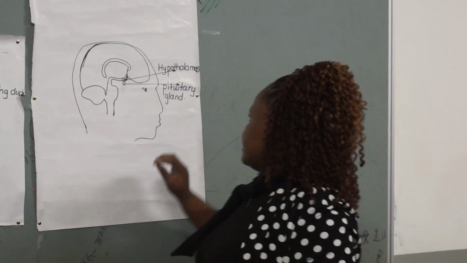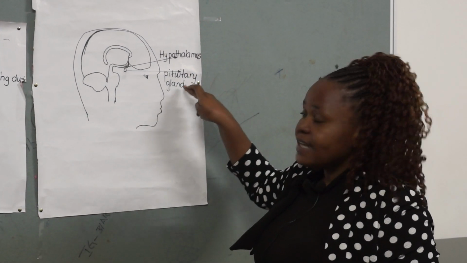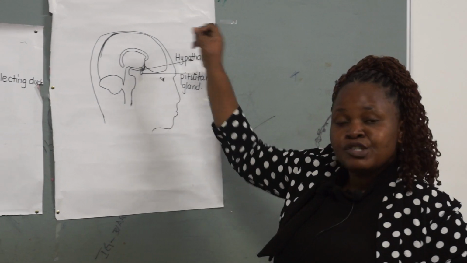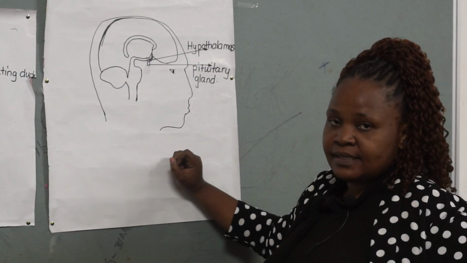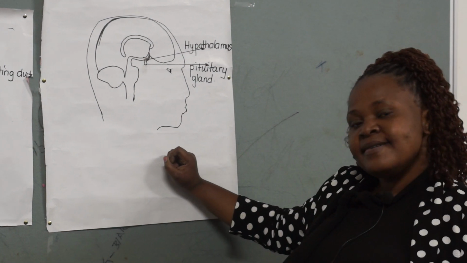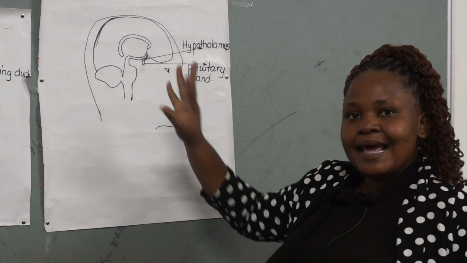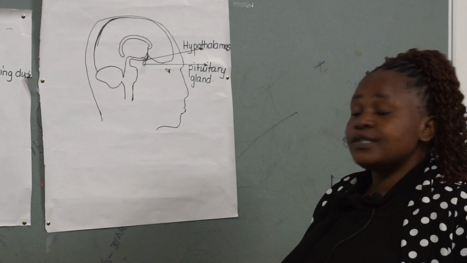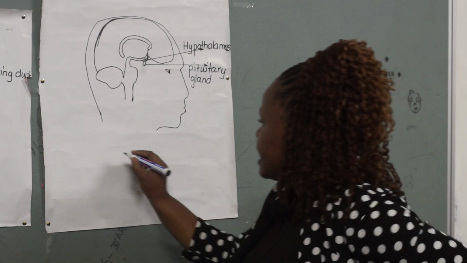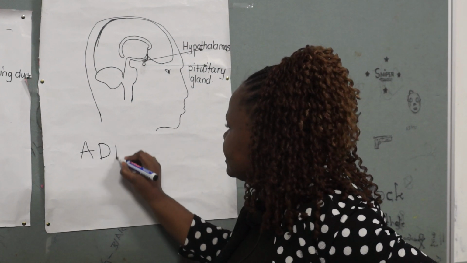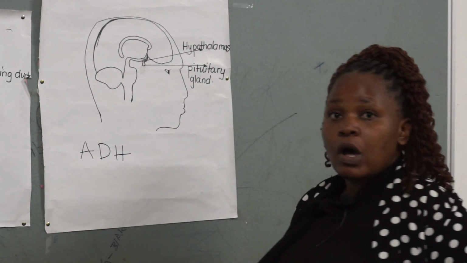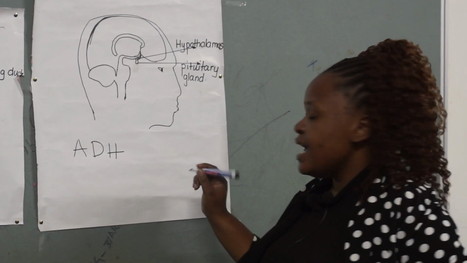Then the pituitary gland, in response to the information received from the hypothalamus, will release a hormone called ADH.